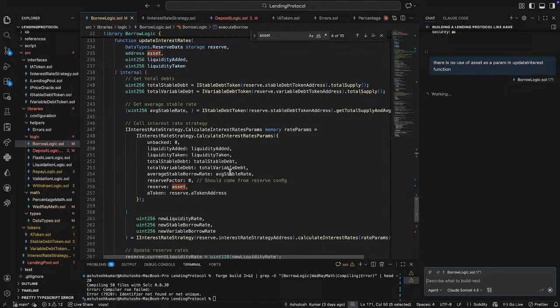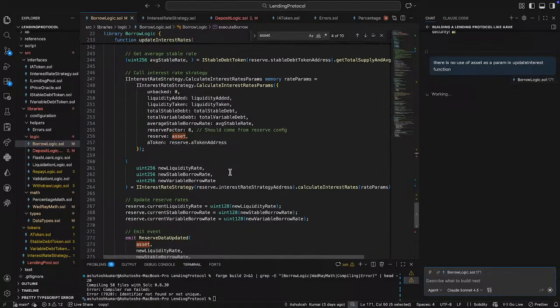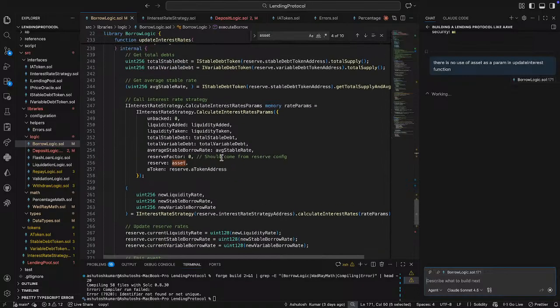What is the use? Why are we passing it? First we have to verify whatever you are passing, let's say rate parameters.